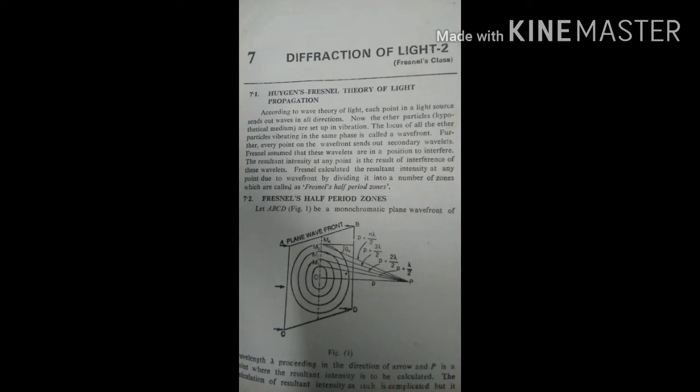Fresnel calculated the resultant intensity at any point due to a wavefront by dividing it into a number of zones called Fresnel's half-period zones. Let ABCD be a monochromatic plane wavefront of wavelength lambda proceeding in the direction of the arrow, and P is a point where the resultant intensity is to be calculated.